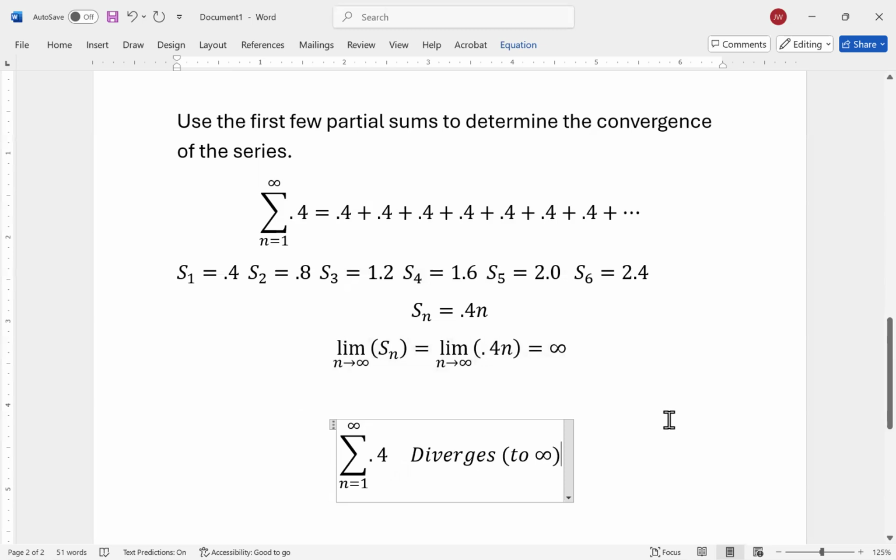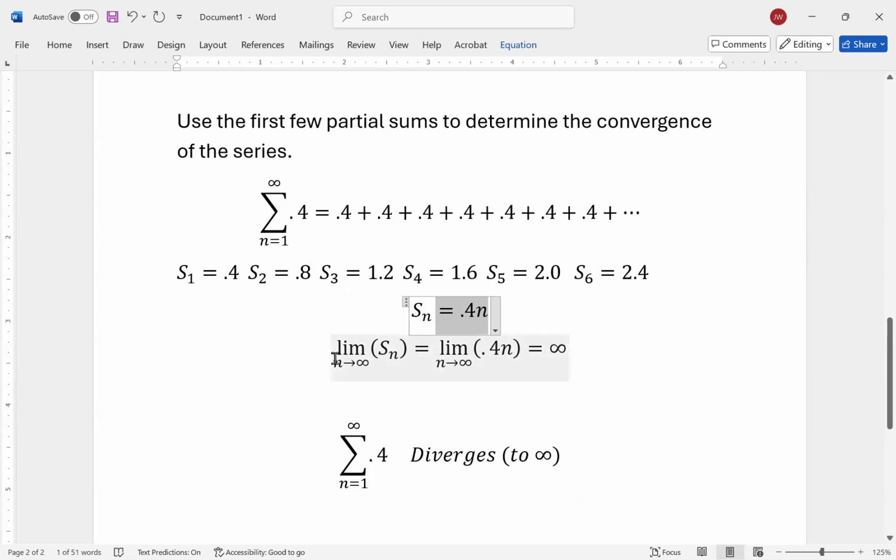And that's it. So the limit of the partial sums diverges. Again, I'm looking at the partial sums as a sequence of numbers. This is the function that gives you the terms in the sequence. So the limit of the sequence of partial sums is infinite.